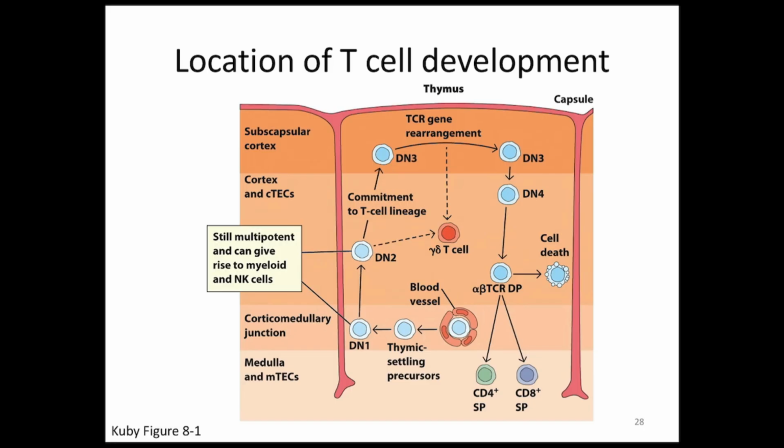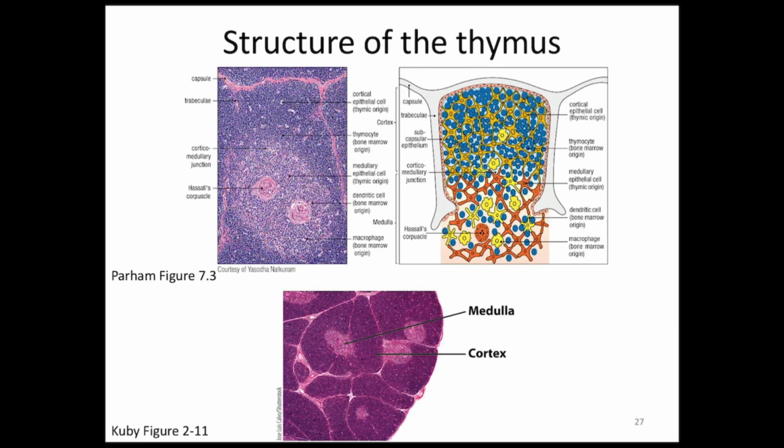But I've told you a little bit about the importance of the stroma and the interaction of the developing T cell with the structural cell of the thymus. So you can see that interaction with the stroma here. And that is actually super important in T cell development.